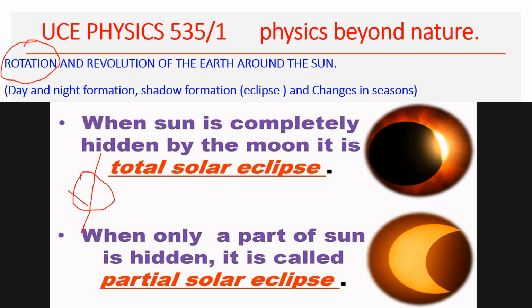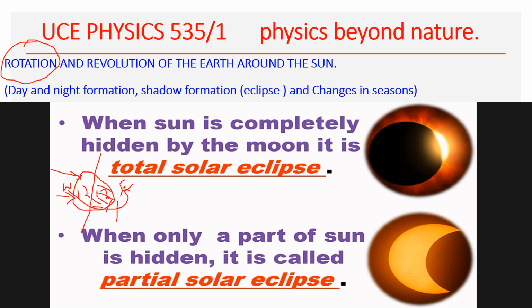So this earth moves in such a way that it moves from west to east, and this rotation takes 24 hours, meaning a half is 12, a half is 12. Now the face that is receiving sunlight is the one that experiences day, and then the other part that receives the shadow of the earth itself is the one that receives night.